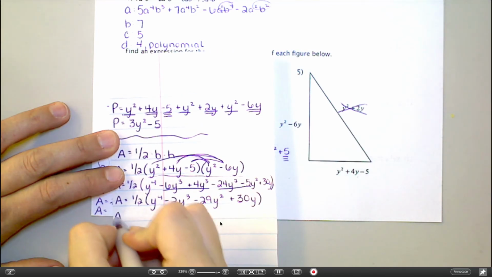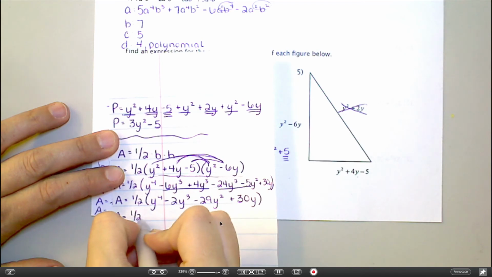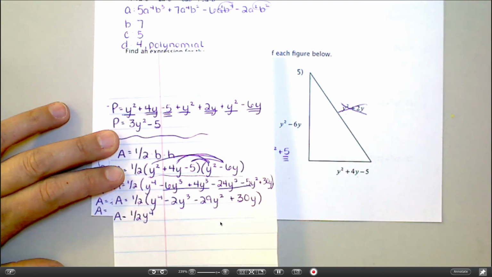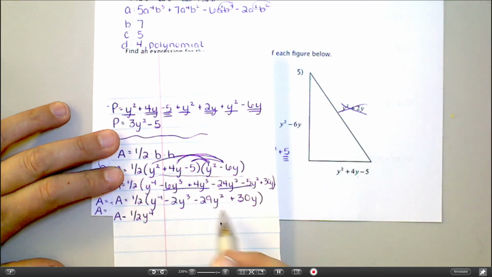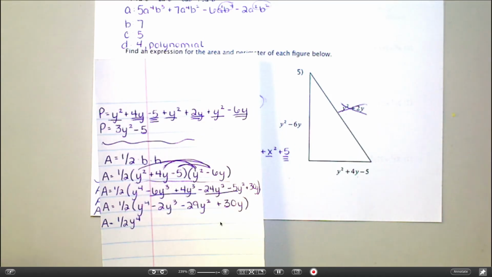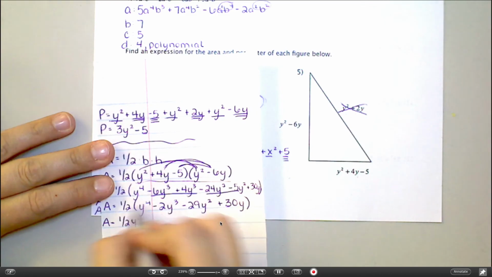Okay? It just becomes 1/2 y to the fourth. I have a lot of people who want to try to make that like y squared. 1/2 times y to the fourth, you just stick the 1/2 in front. Just like if I was asking you to do 5 times x squared, it would just be 5x squared. Okay? 1/2 y to the fourth.